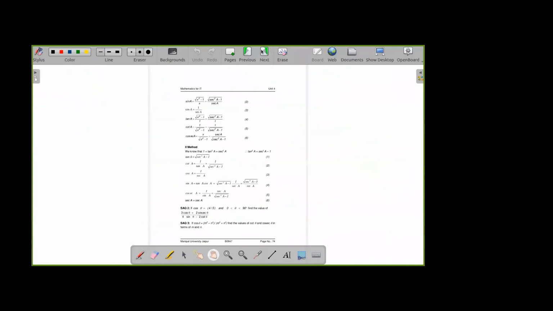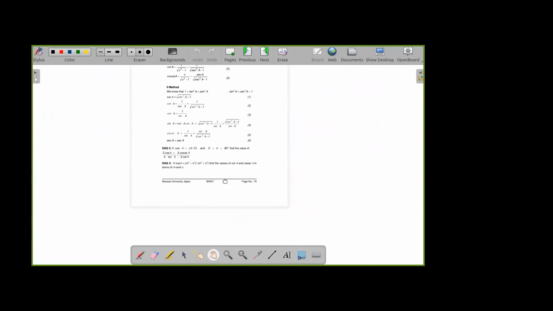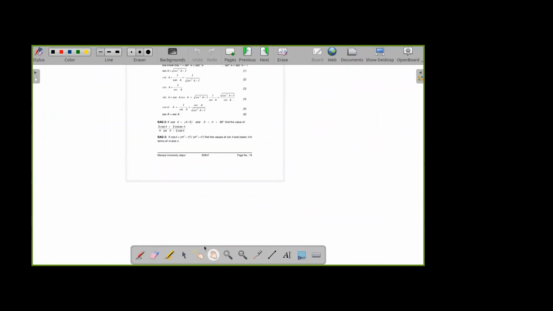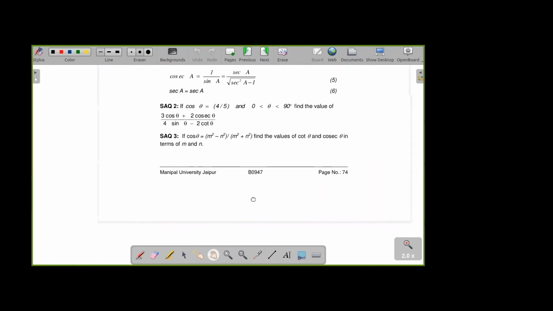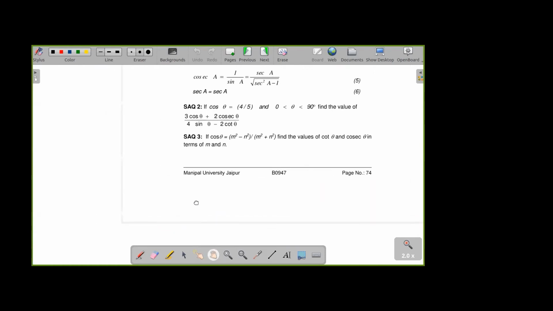Okay, so going to the next question. This is an SAQ, and there is no solution provided here, so I will try to do this.